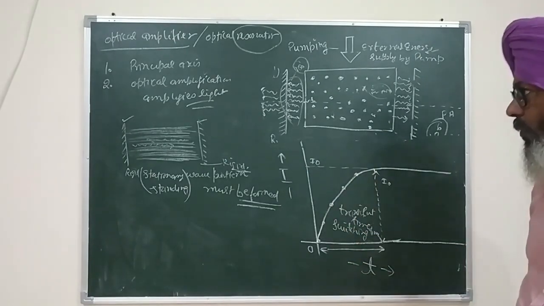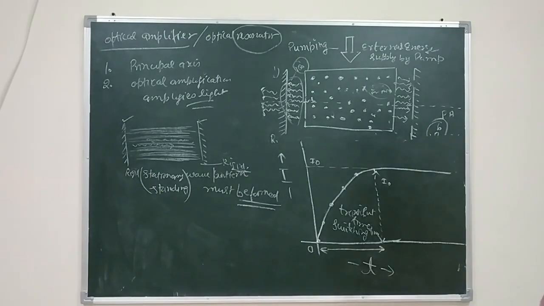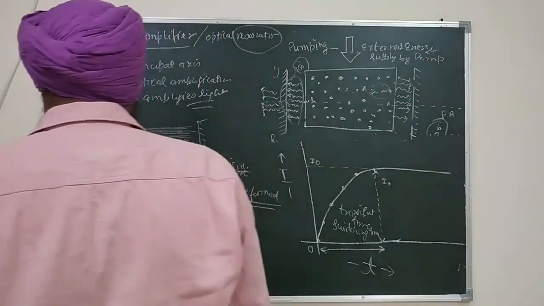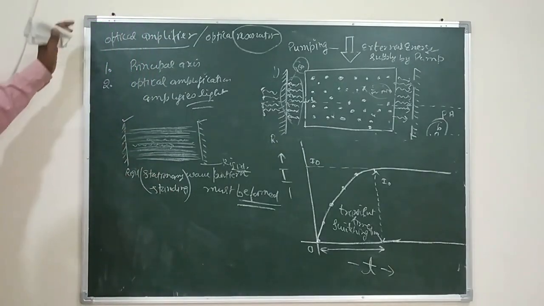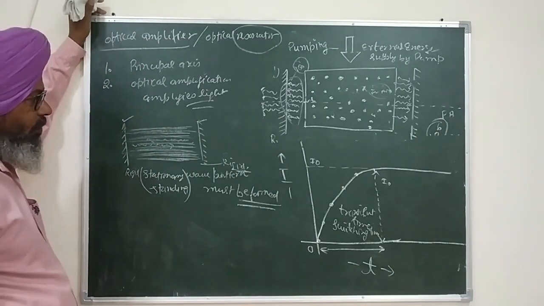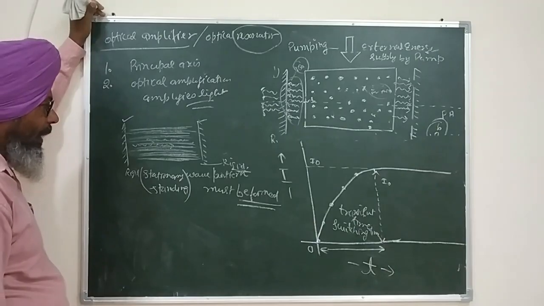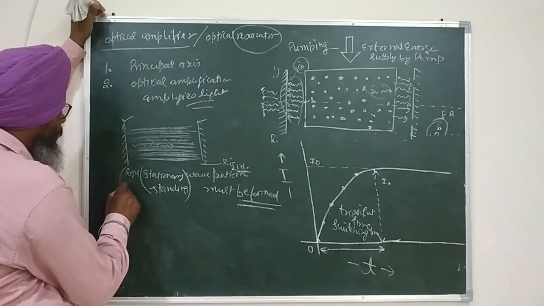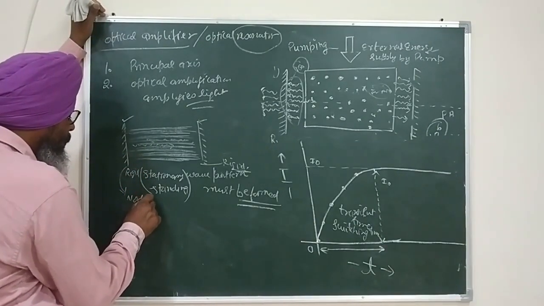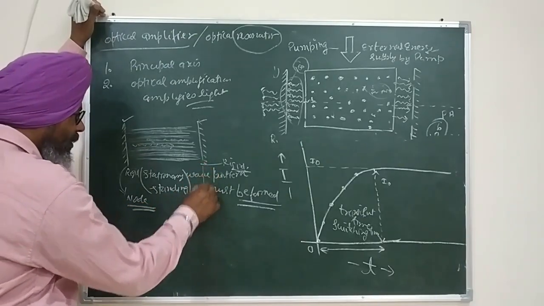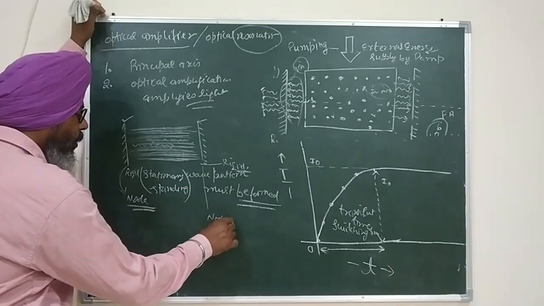So how can this stationary wave be formed? We have studied in our lower classes in school that whenever a stationary wave is formed, at every rigid end we must have a node. Since both ends of the optical resonator are rigid, we must have a node here.